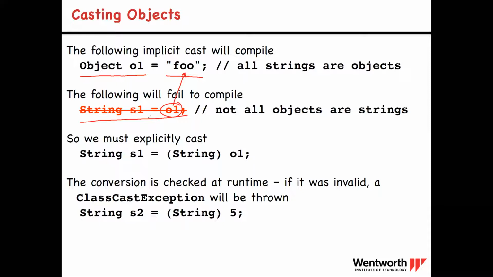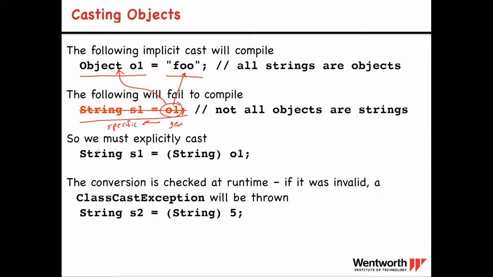But Java will not let us do this because not all objects are strings. We know, just because of the way the code's written, that o1 is a string. But Java knows it's an object. o1 is an object, according to Java. It might contain a string, but there's no guarantee. This would be going from general to more specific.